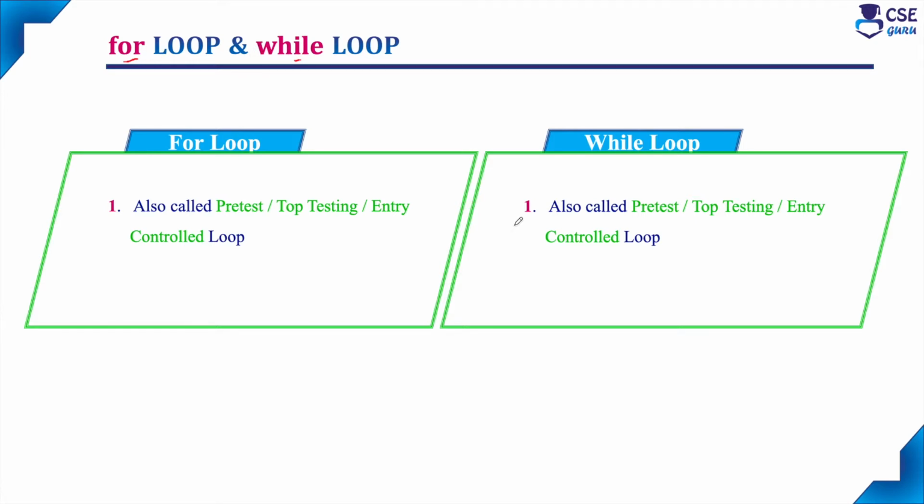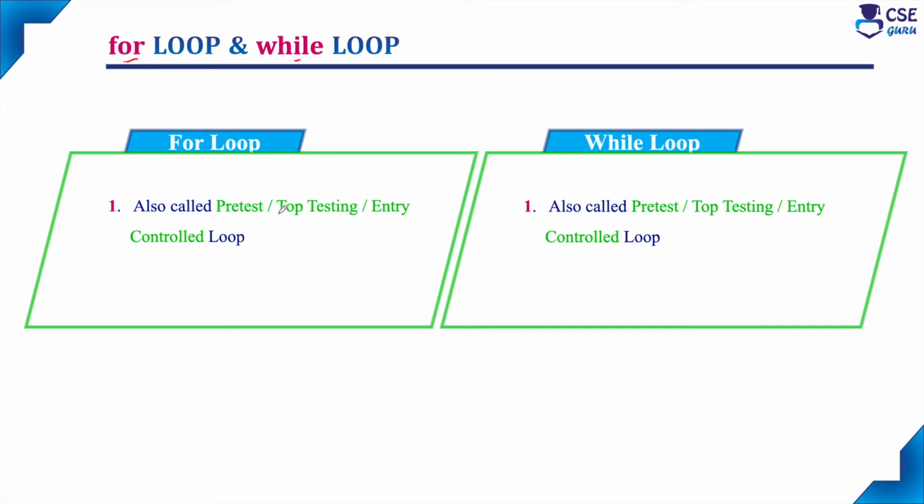Both the loops will check the condition first itself. That is, it will test the condition and only when the condition is evaluated to true, then only it will allow the body of the loop to execute. Otherwise, even one time also, it will not allow the body of the loop to execute when the condition fails.